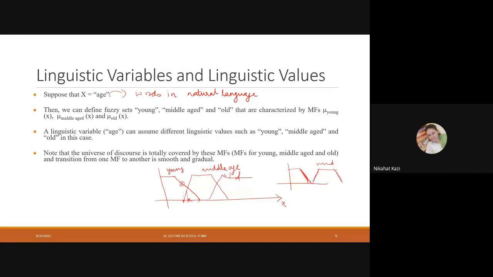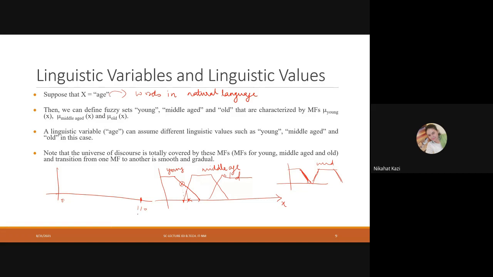You will have MFs which cover different parts of the universe, so it will not be that some part of the universe is uncovered. The universe is the entire range of X values. Suppose age ends here, 0 to say 110, whatever. 110 is the highest age.